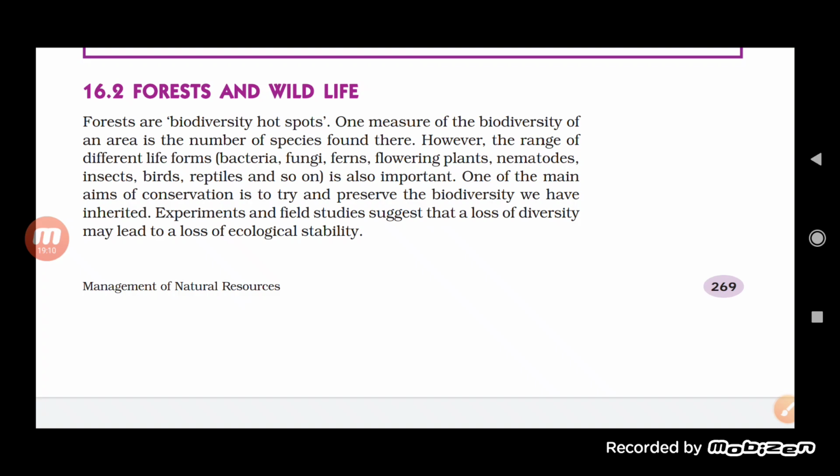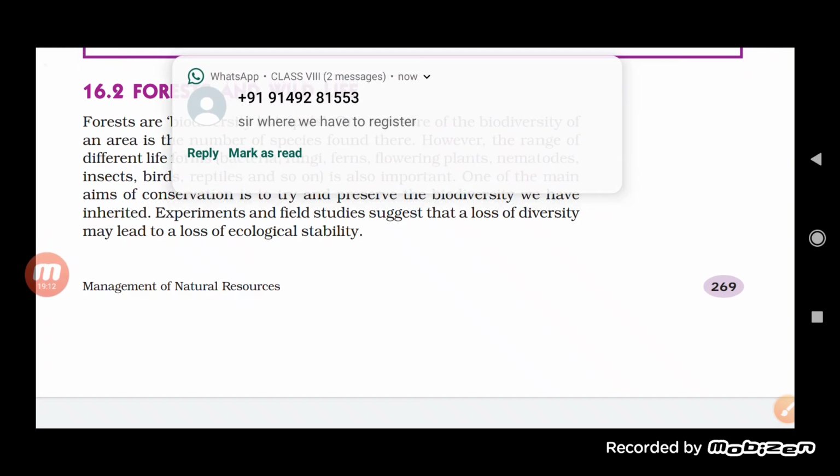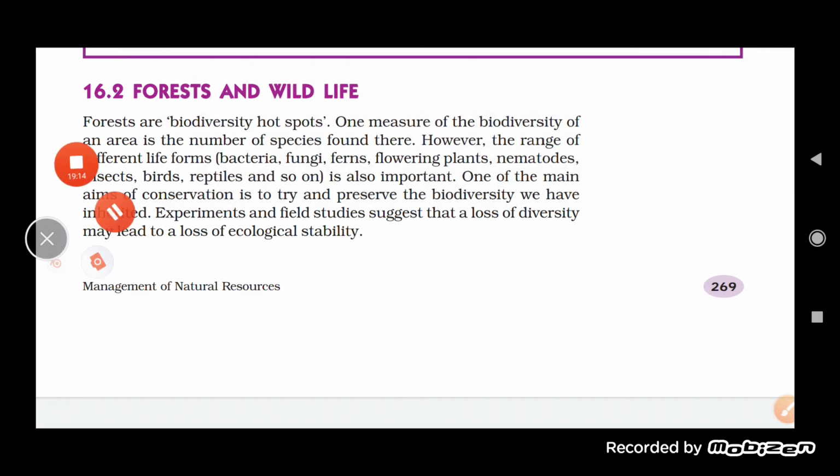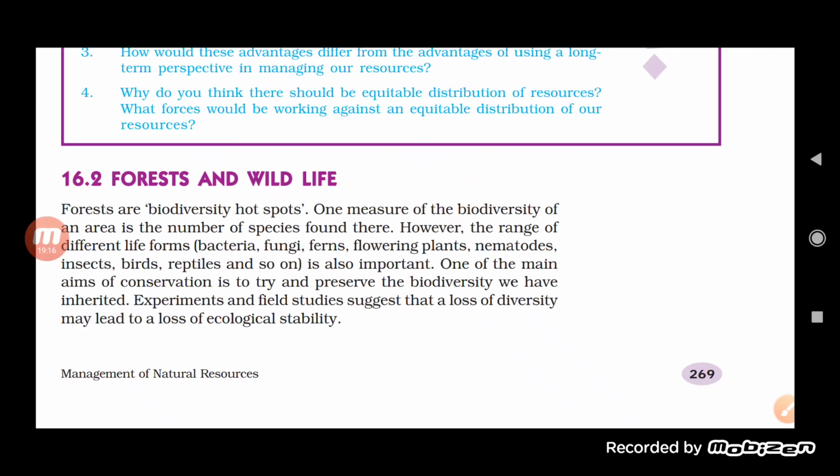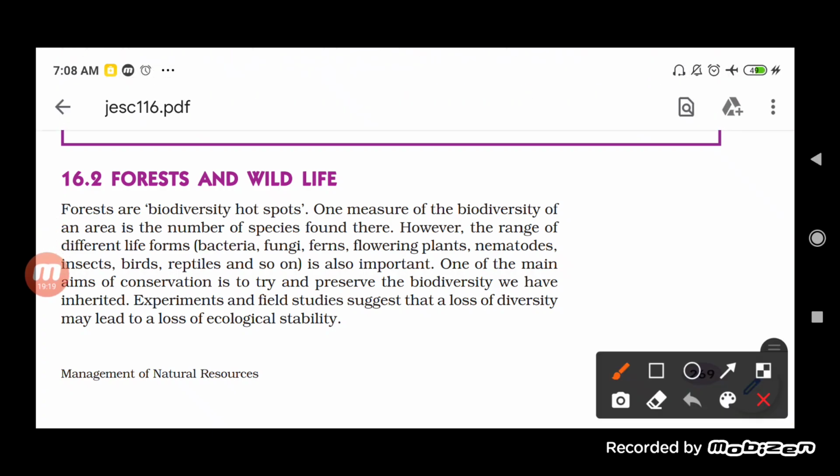It is one of the major areas of biodiversity where a lot of species can be found, and because of that it is called a biodiversity hotspot. This includes the plants and animals which we call flora and fauna respectively.